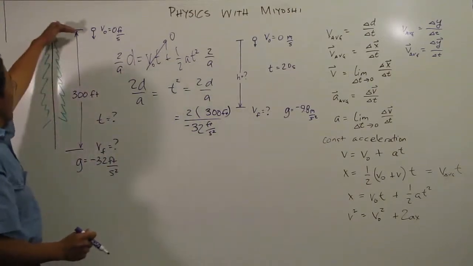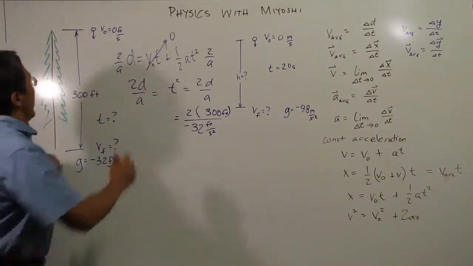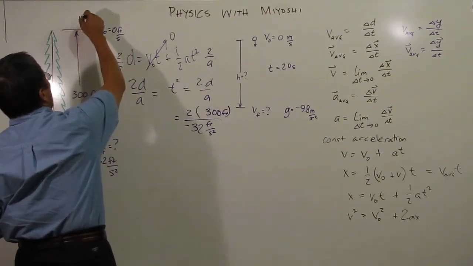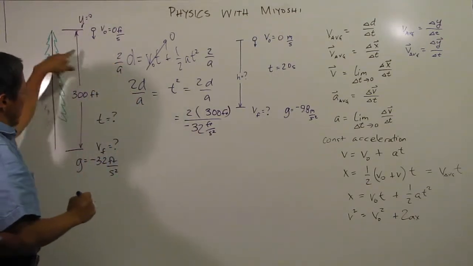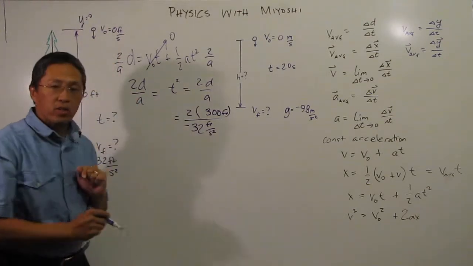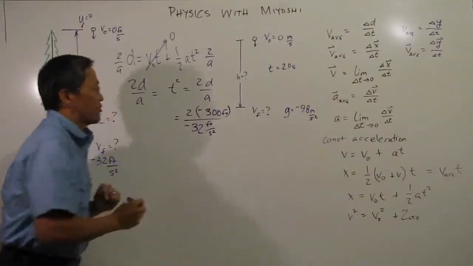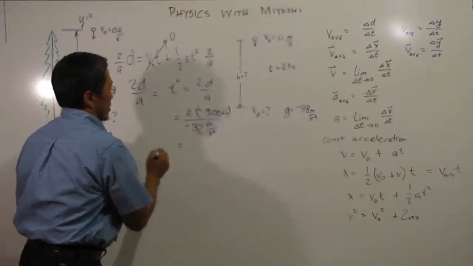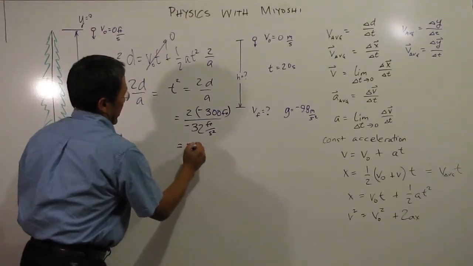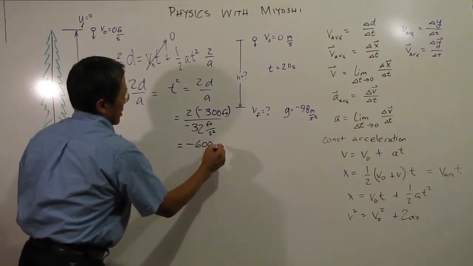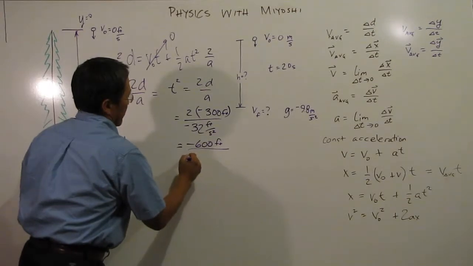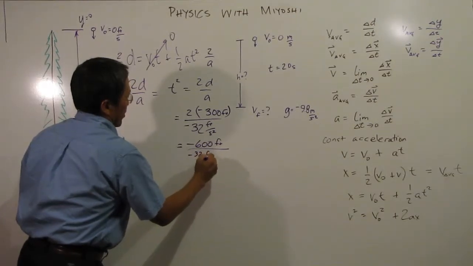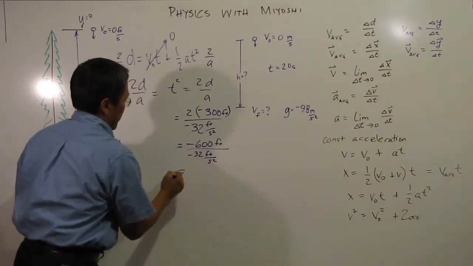Well, if we remember our initial y is up here, and this would be negative. That negative just says it's going downward, so I can say it's going to fall 300 feet, or put a negative there. So that's going to give me negative 600 feet divided by negative 32 feet per second squared.